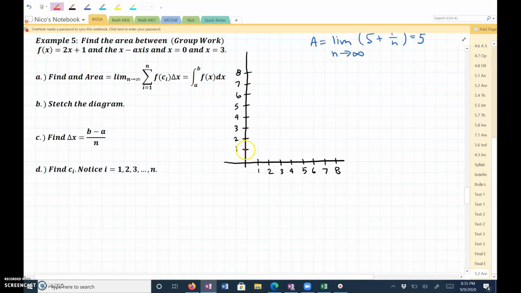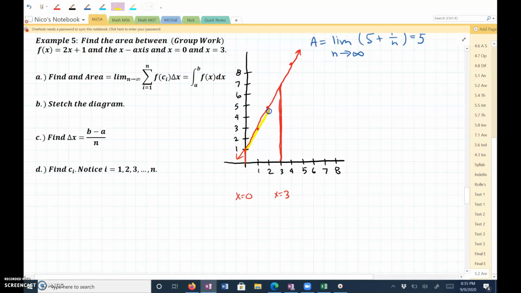So I'll start at 1, go up 1 over 2. So there's the function, the x-axis, that's right there, between x equals 0 and x equals 3. X equals 3 would be here. X equals 0 would be here.